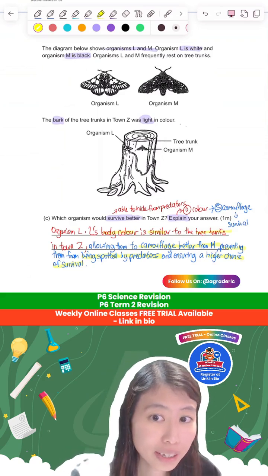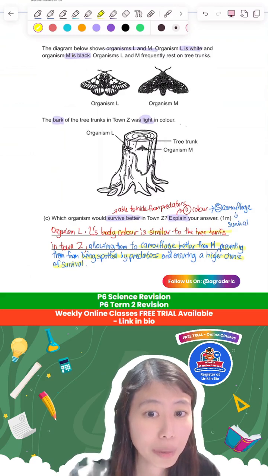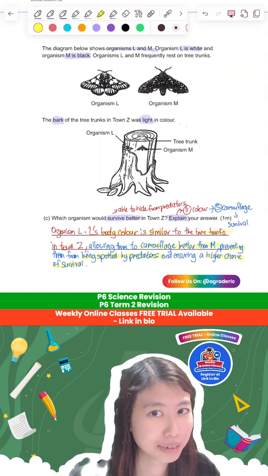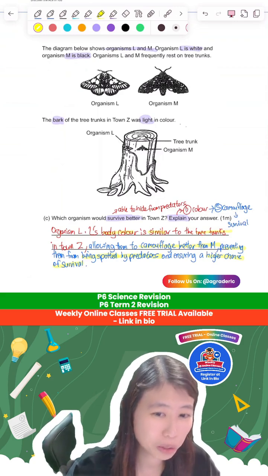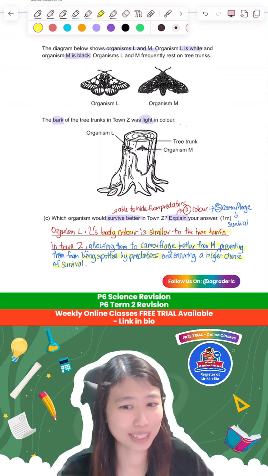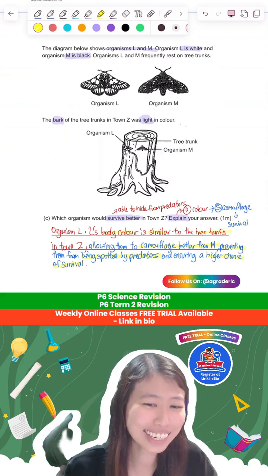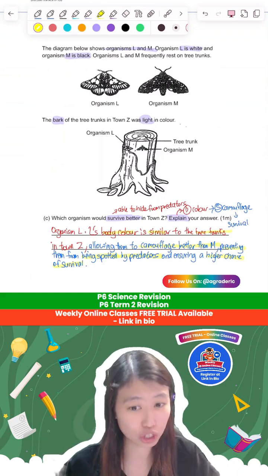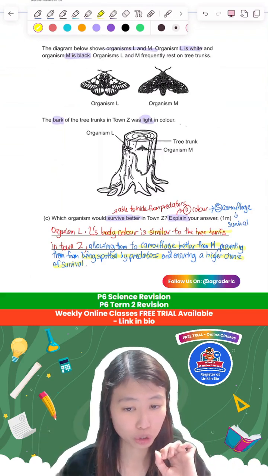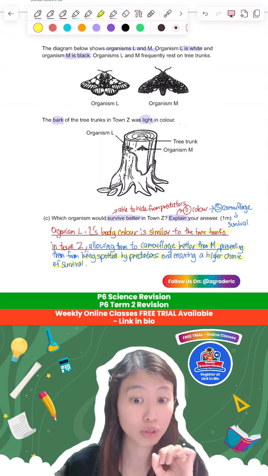Ambushing prey also can, but usually insects are more predators than prey, unfortunately. But if you write that, as long as it's logical, you will not get marked wrong when it comes to adaptation.